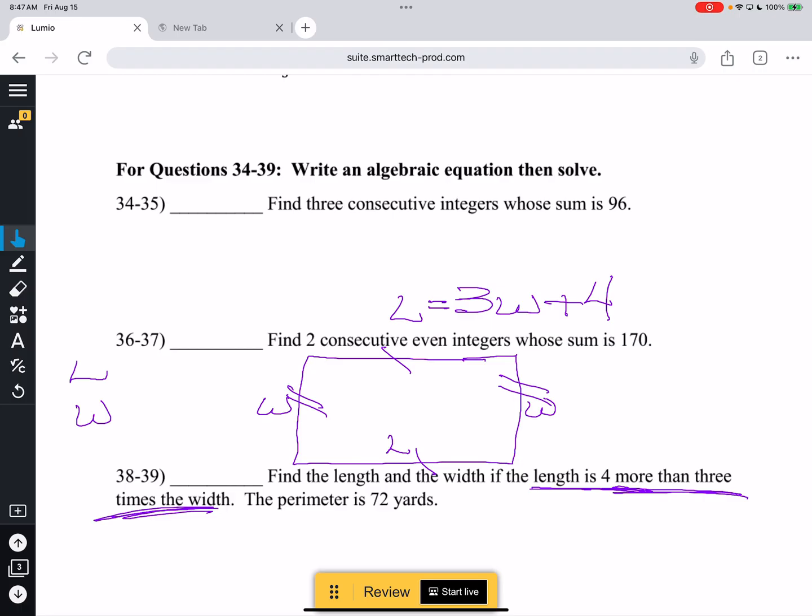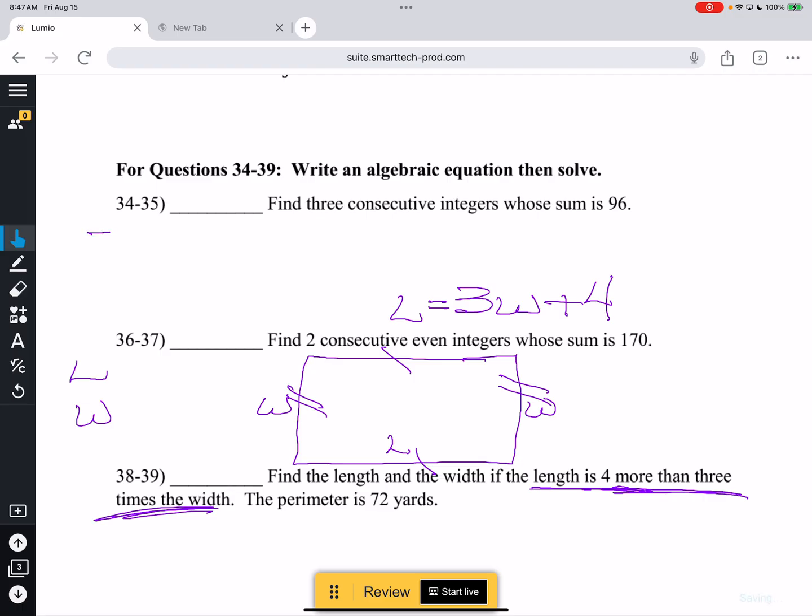Now, perimeter. Y'all have said we're going around. There's a template you can use. How would you tell somebody to find the perimeter? 2W plus 2L. Perfect.